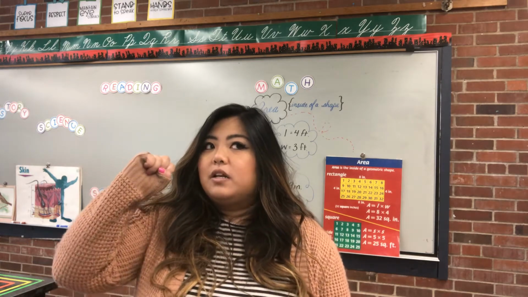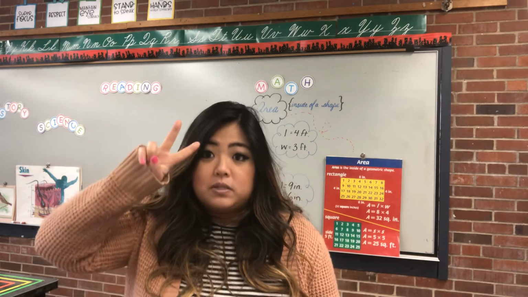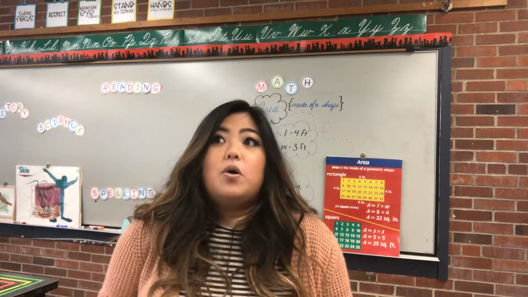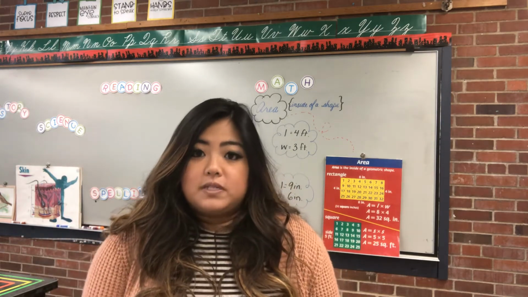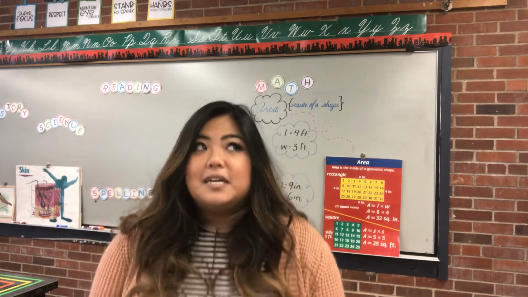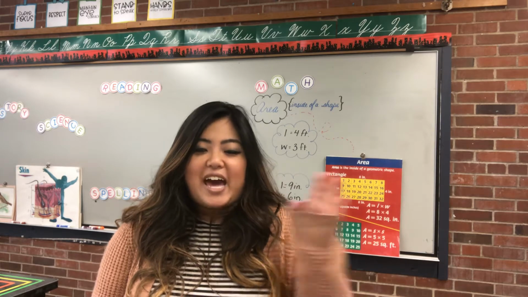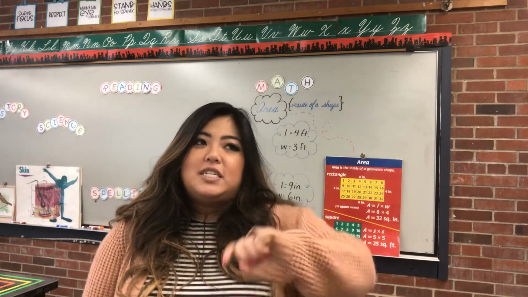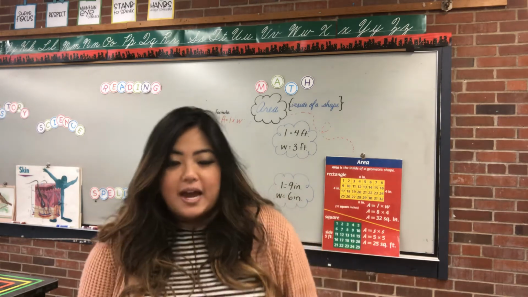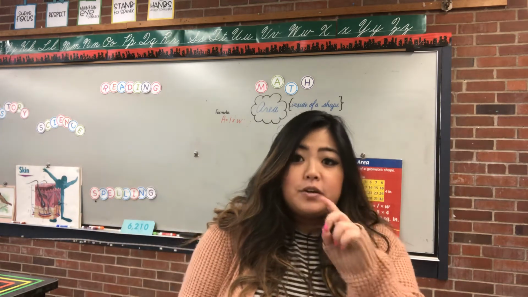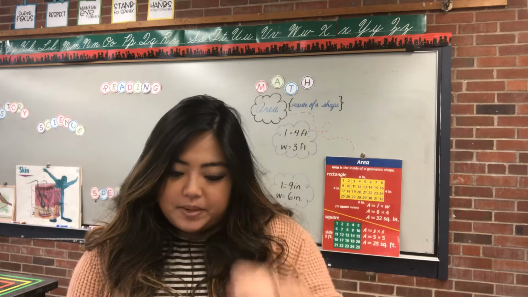You either look at the last 2 digits and they're both 0, or the last 2 digits are divisible by 4. How do we know if a number is divisible by 9? You add up the sum of the digits and try to divide it evenly by 9. What about 2? If it ends in 0, 2, 4, 6, or 8, if it's an even number basically.